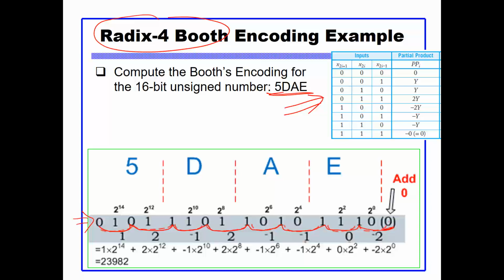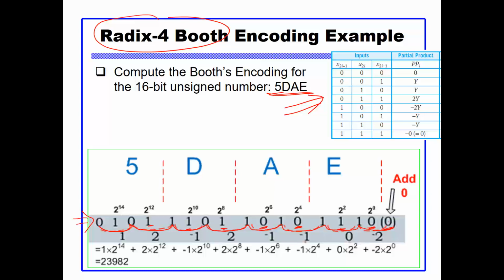Now once I group, notice the overlap at the boundary. Also, notice at the center there is a digit which is not overlapped. Why am I focusing on this? Because this is going to be the weight of the digit that I'm producing.